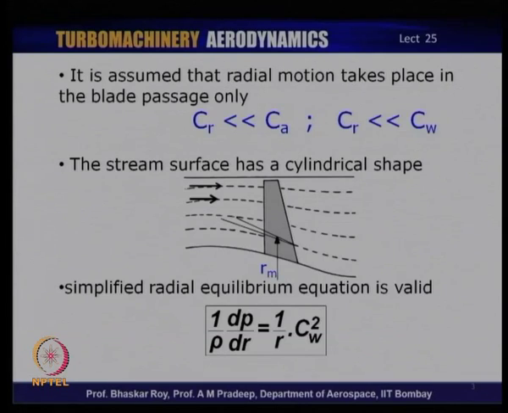If it is in a rotor, we may call it V R. However, the radial component would be rather small compared to the whirl component. Now, if you look at the picture just below, it shows that the flow coming into the turbine could acquire three dimensionality because of the shape of the annular passage.